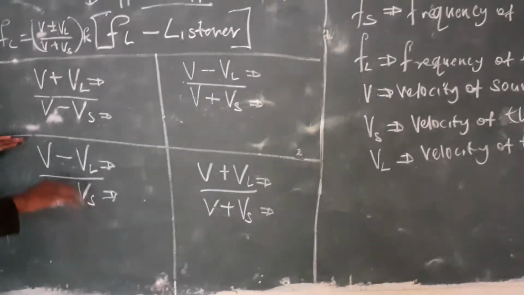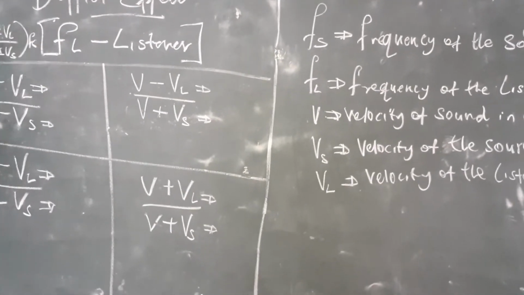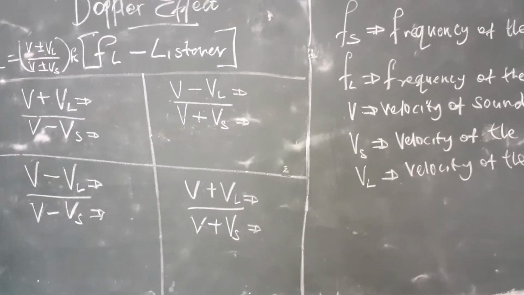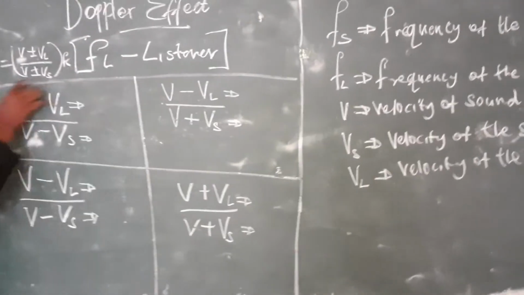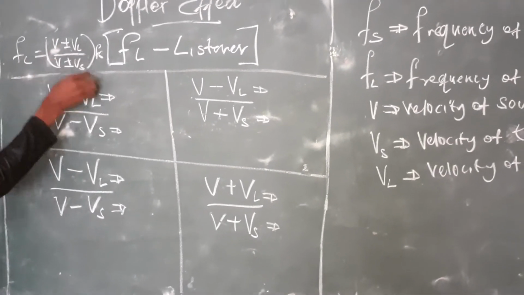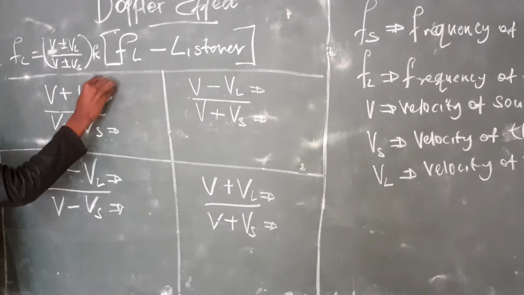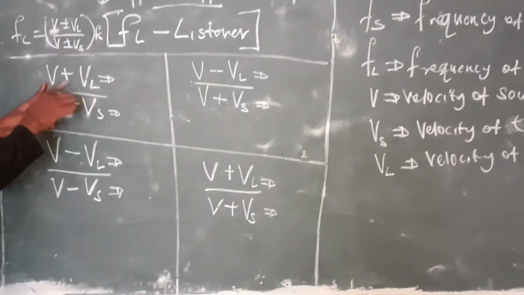But now I tried to simplify it, taking it down and breaking it down piece by piece so that you can understand it. So this formula, I'm speaking about what is inside, but remember that this is always multiplied by the frequency of the source.